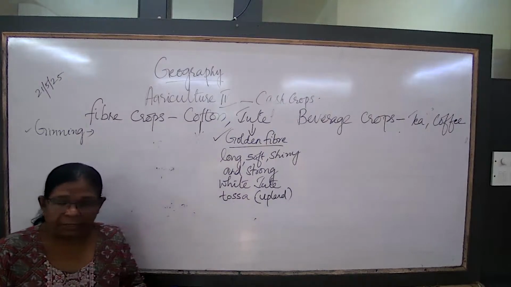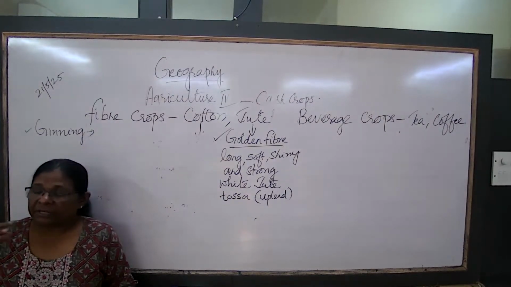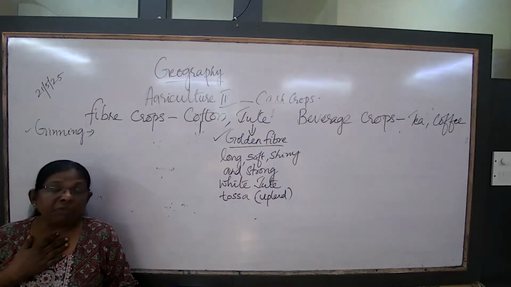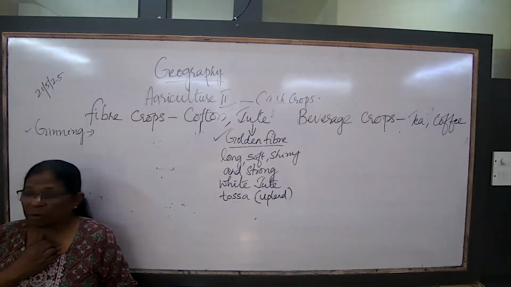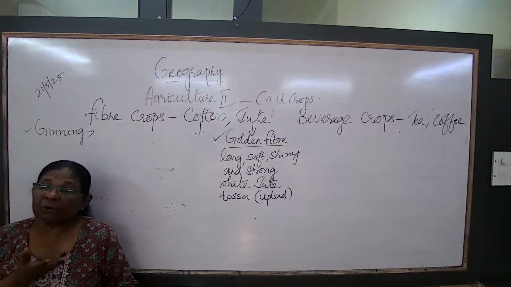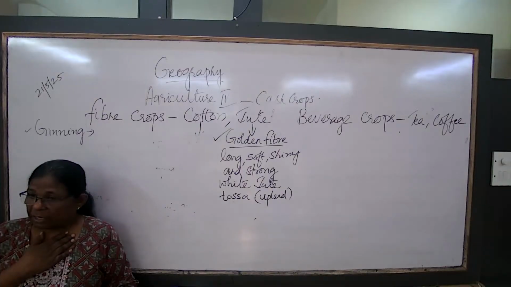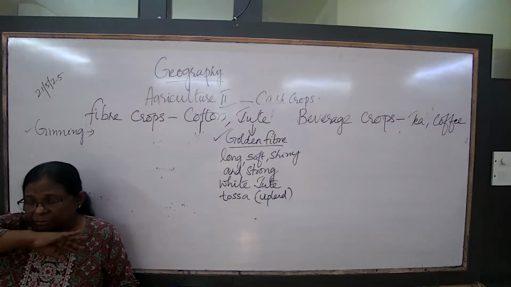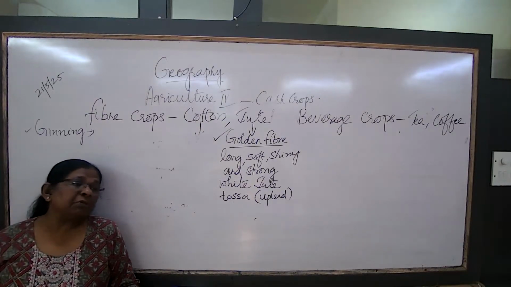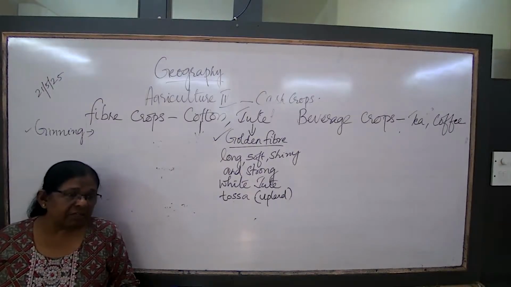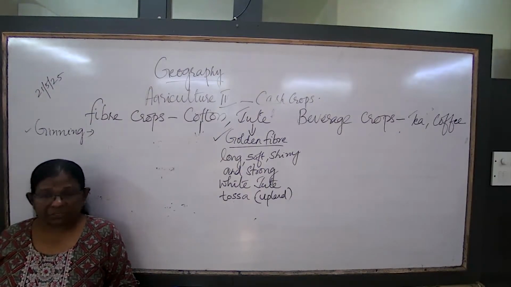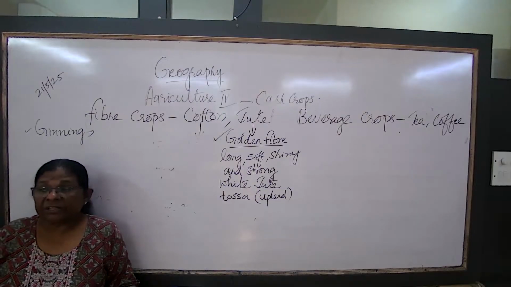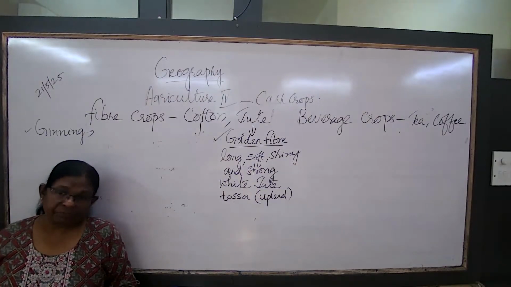Now you know that many of the products nowadays we use are plastic. Plastic has the problem of being non-biodegradable. So, in order to avoid the use of plastic, the government in 2005 introduced a policy, the National Jute Policy.